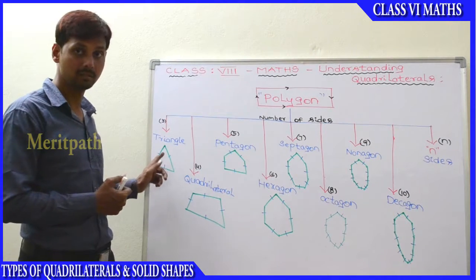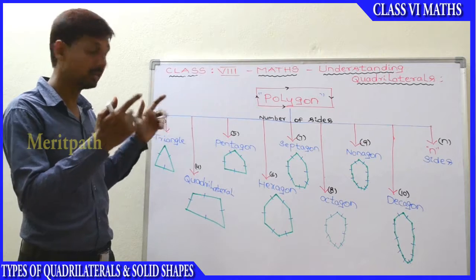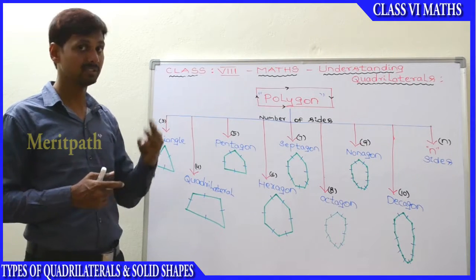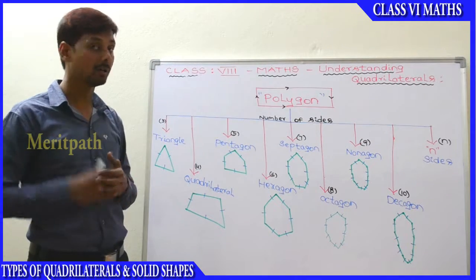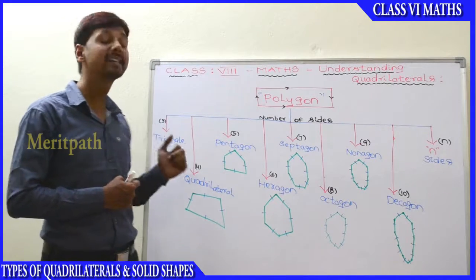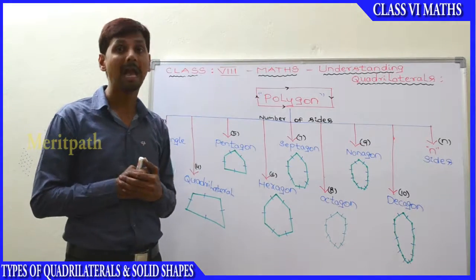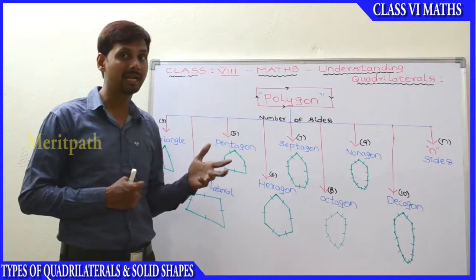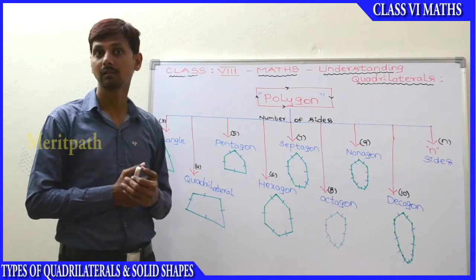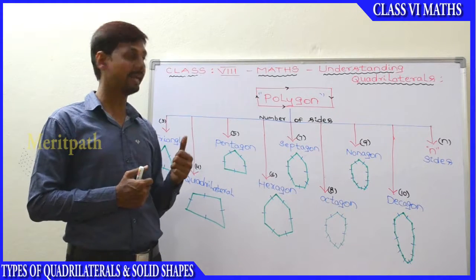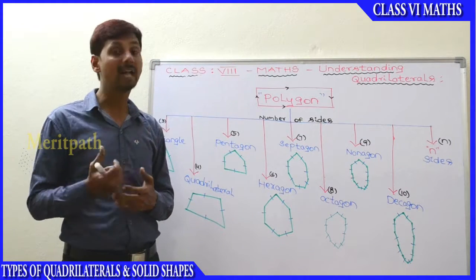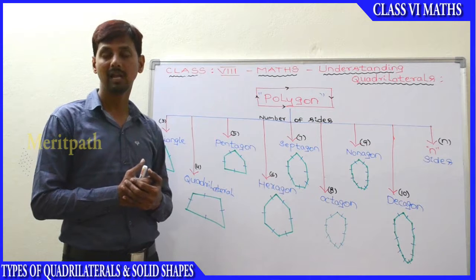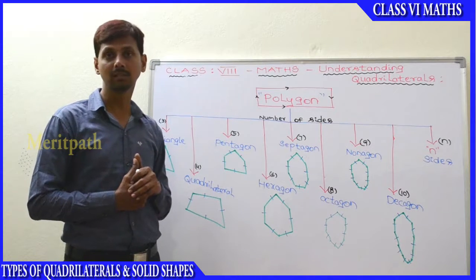First one is the triangle, which has 3 sides, 4 sides is a quadrilateral, 5 sides is a pentagon, 6 sides is a hexagon, 7 sides we call a septagon, 8 sides octagon, 9 sides nonagon, 10 sides decagon.